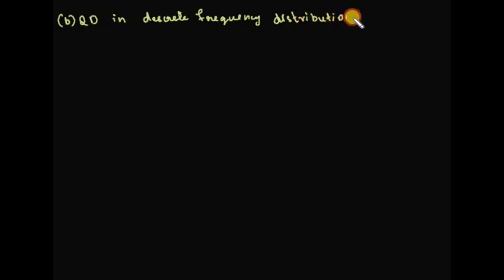Our next case is quartile deviation in discrete frequency distribution. In the case of discrete frequency distribution, Q1 is given as size of capital N plus 1 by 4th item.